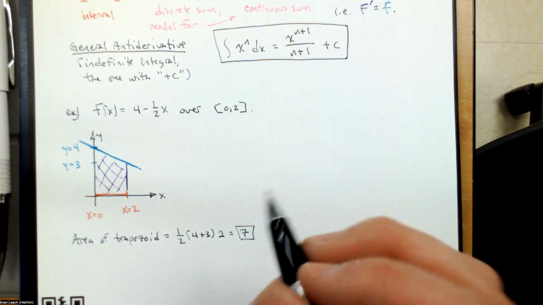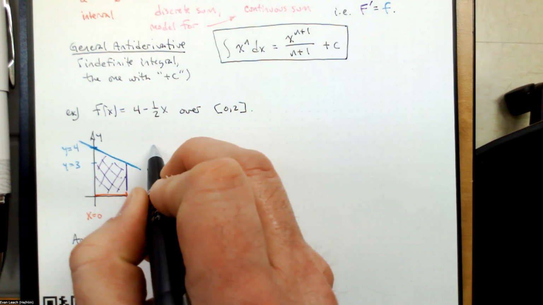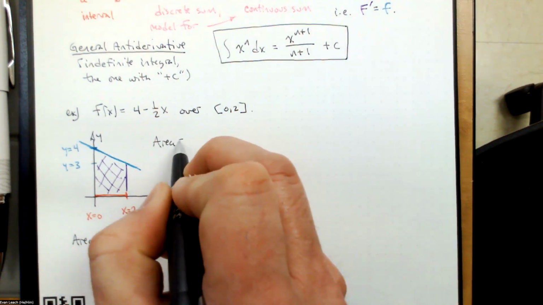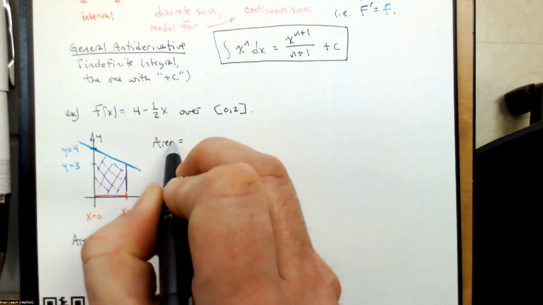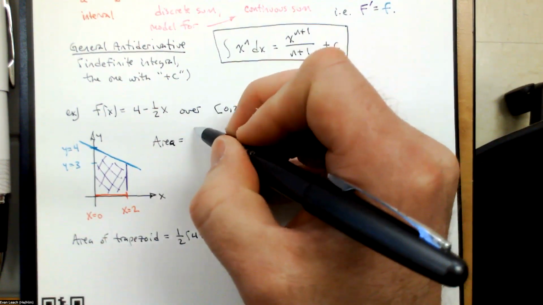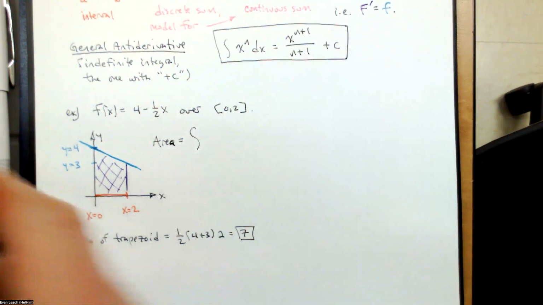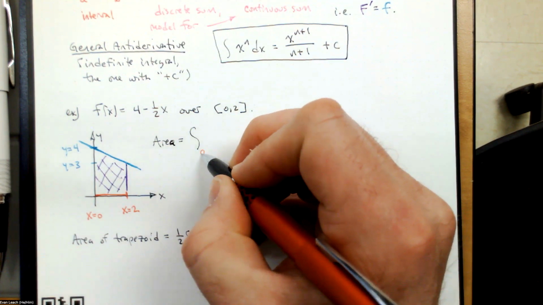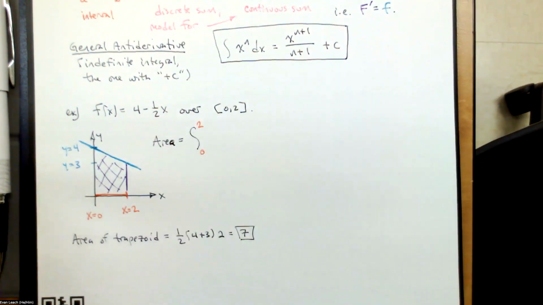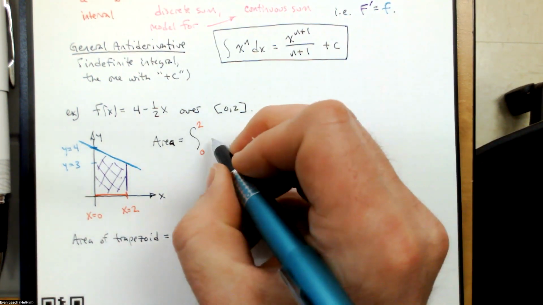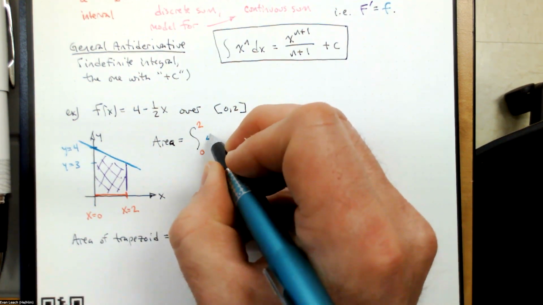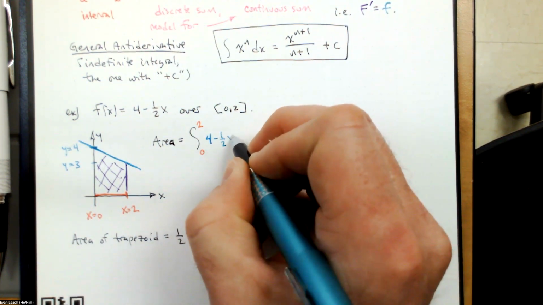So the definite integral for the area will be the integral from 0 to 2 of our function 4 minus 1/2 x dx.